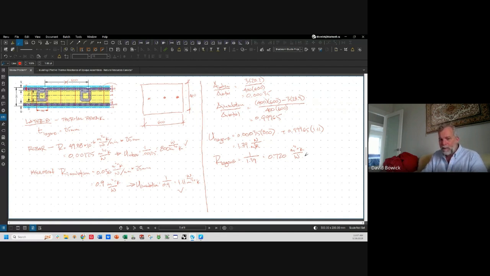It's like 0.03% or something. It's a tiny area, but steel is so much more conductive that the impact of the cold bridge is actually meaningful. Okay.